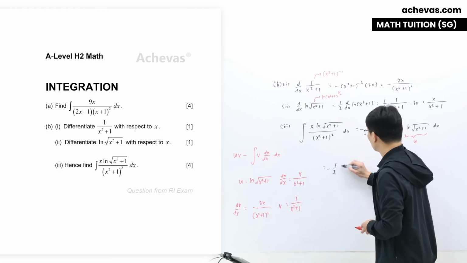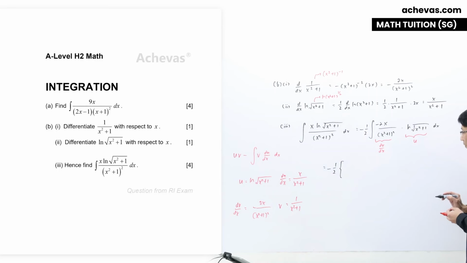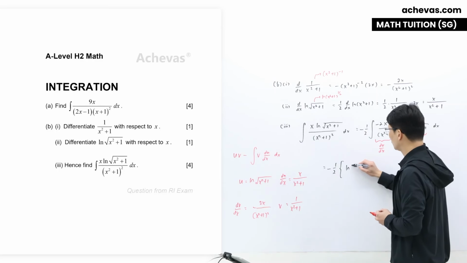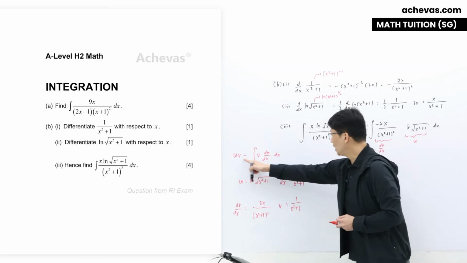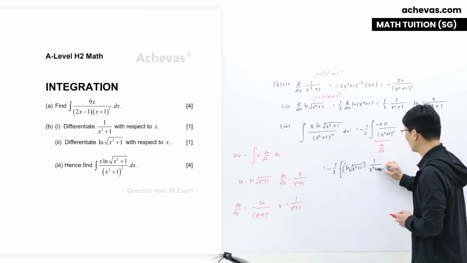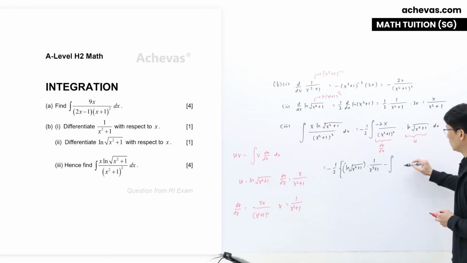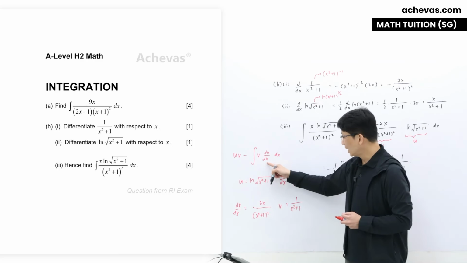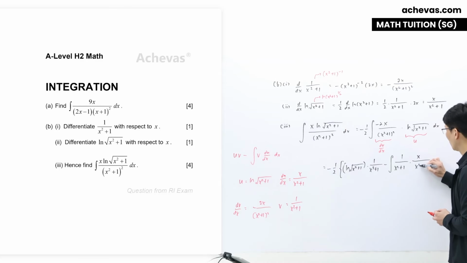With this, we can start to apply the formula already. So this is a minus half. Using this formula, we have u, which is ln square root of x squared plus 1, and v will just be 1 over x squared plus 1, minus integration of v, which is 1 over x squared plus 1, and du/dx, which is x over x squared plus 1 dx.